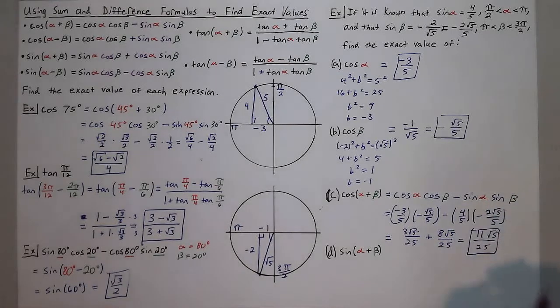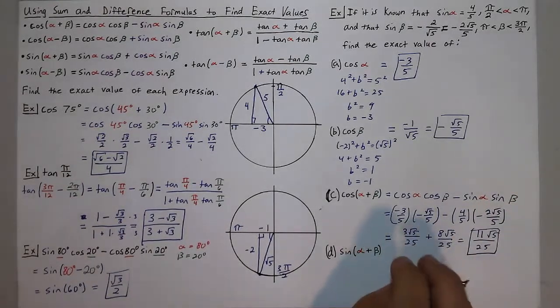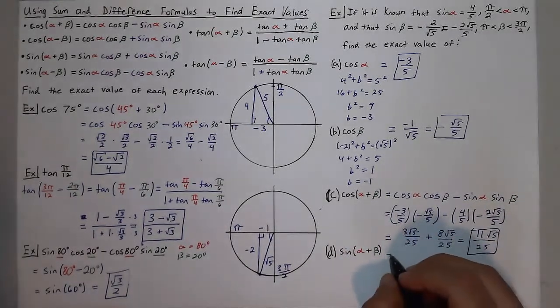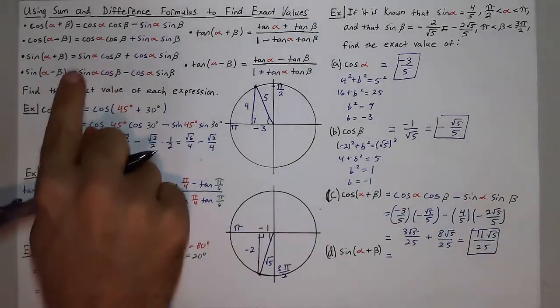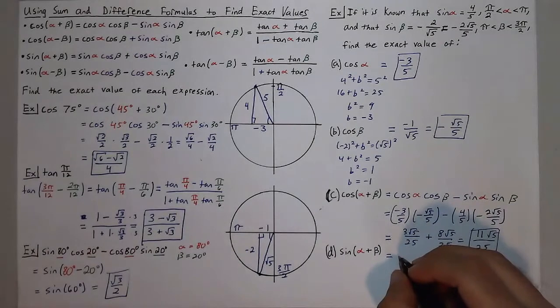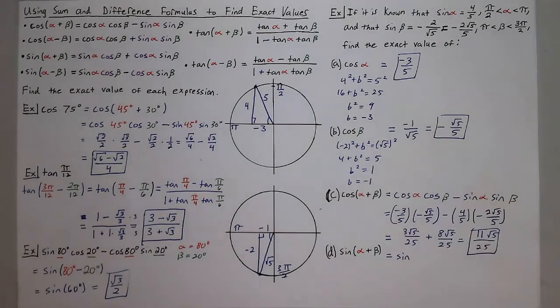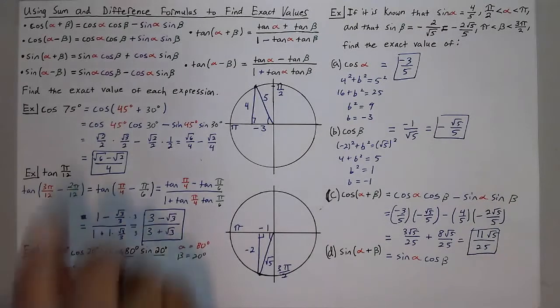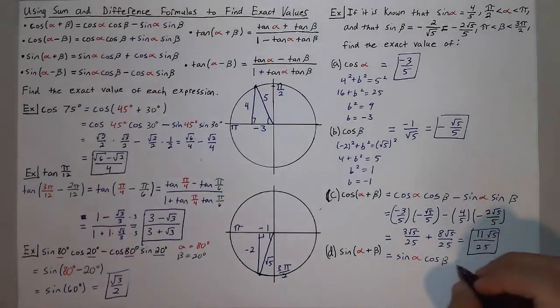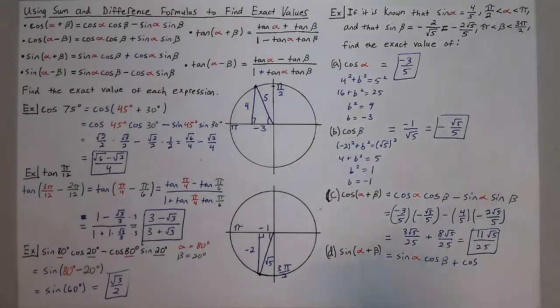And I can do the same thing for sine of alpha plus beta, because that is equal to sine of alpha cosine of beta plus cosine of alpha sine of beta.